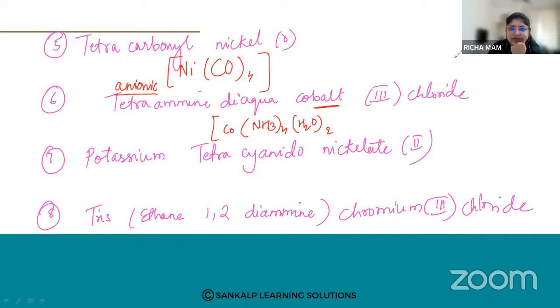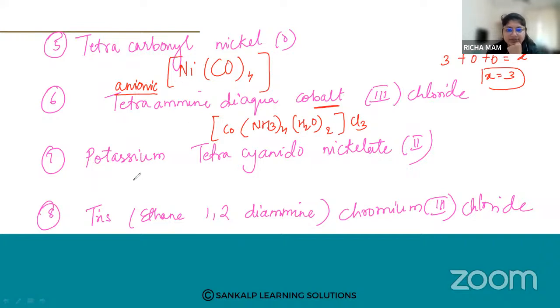Chloride. So the charge will be cobalt 3 plus 0 plus 0 equals X. So X will be 3, so 3 chlorine, it will be Cl3. So this is outside the sphere, because it is a cationic complex.